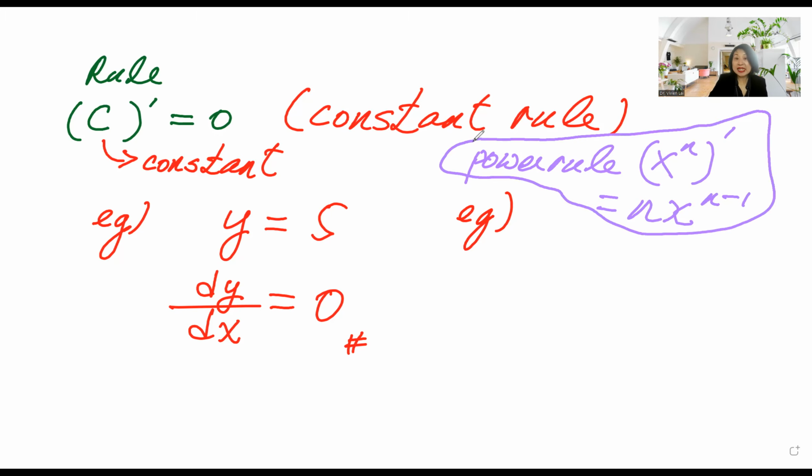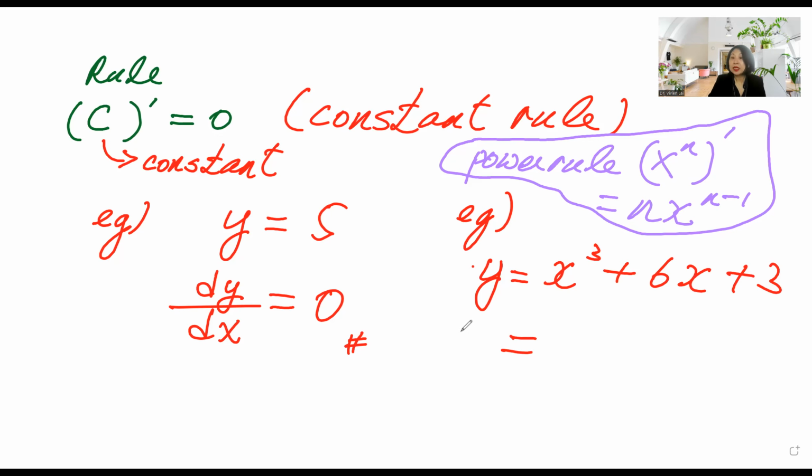Usually in your IGCSE exam, they will combine the power rule and the constant rule together and ask you to do the derivative. For example, this is the example, all right? So we have y equal to x cubed plus 6x plus 3.